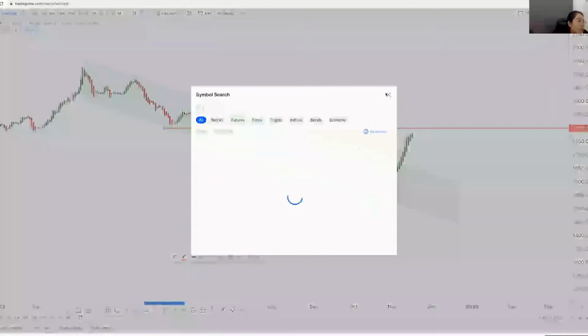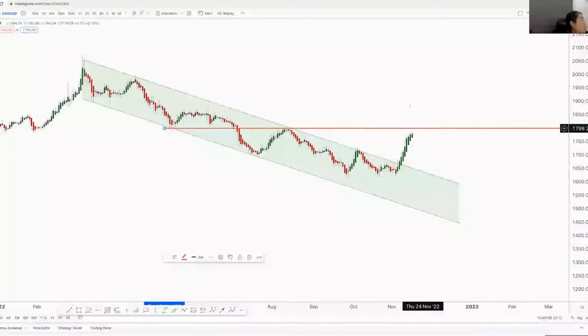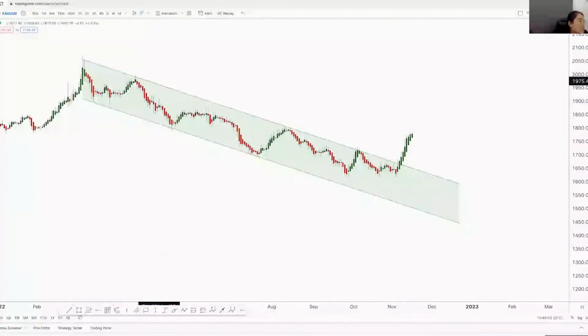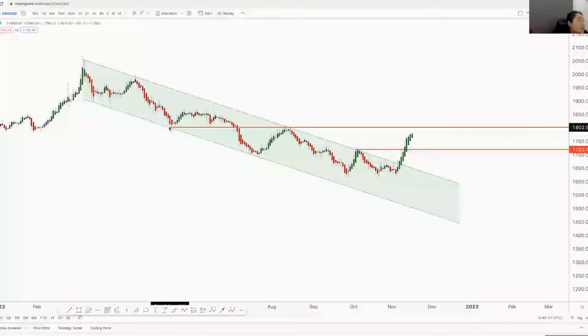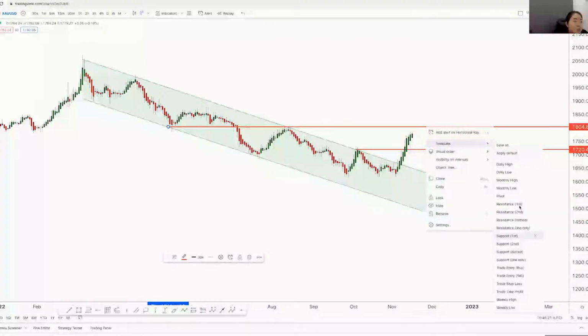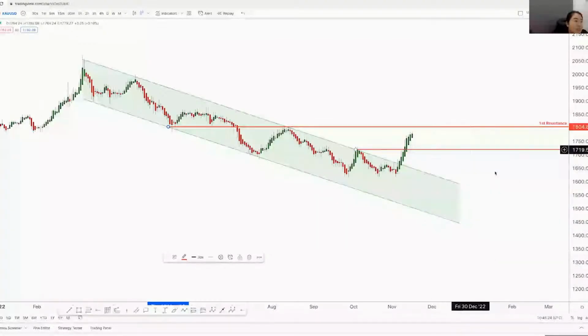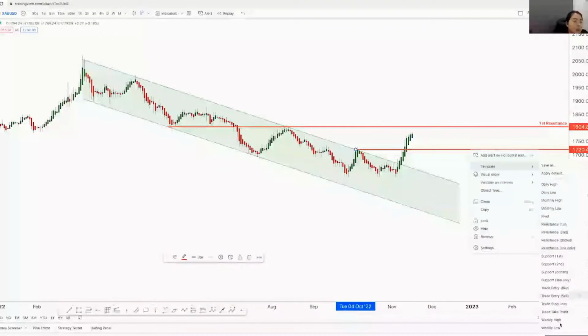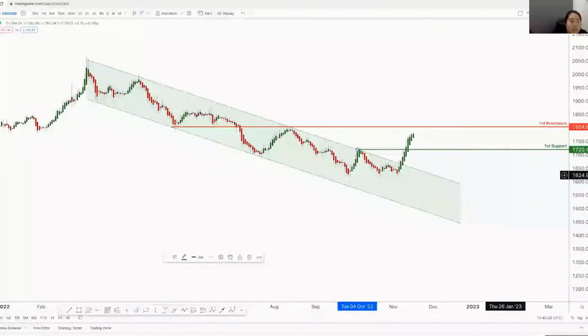After I have identified the trend, I'm going to highlight some support and resistance. Why is support and resistance so important in trading? Support and resistance is your entry, stop loss, and take profit.